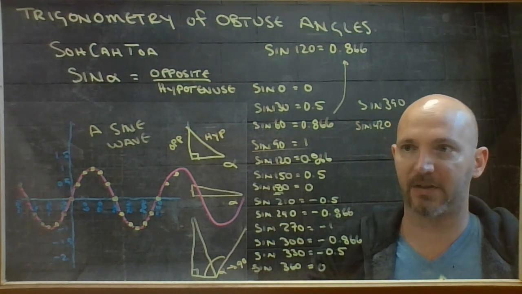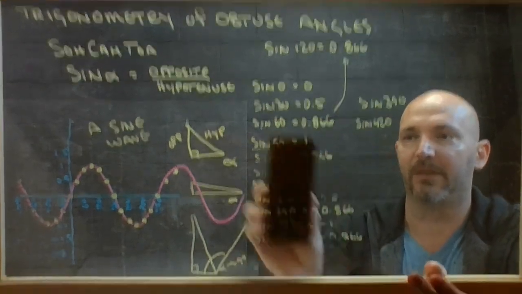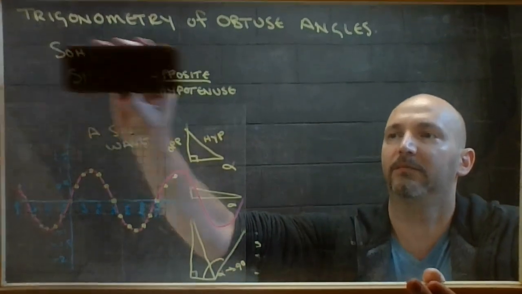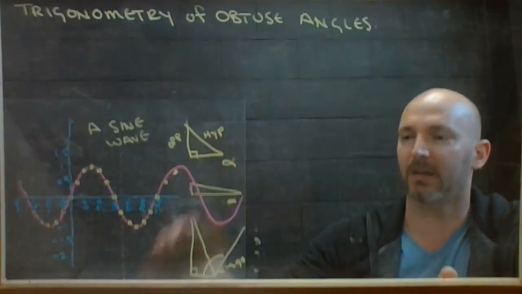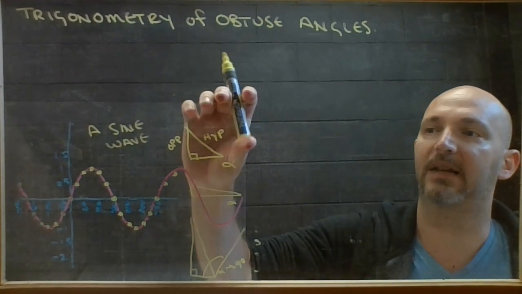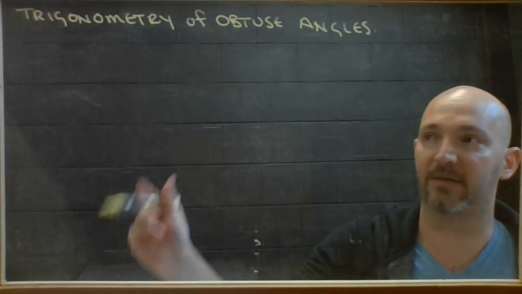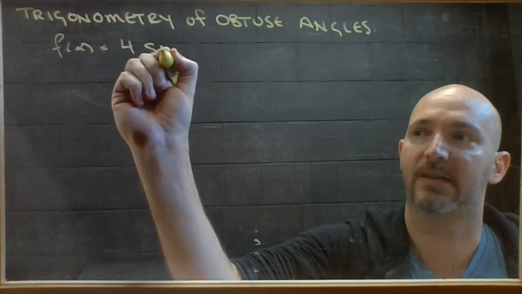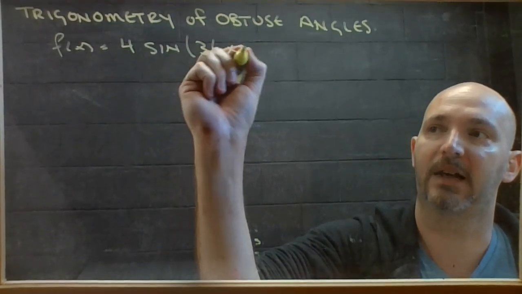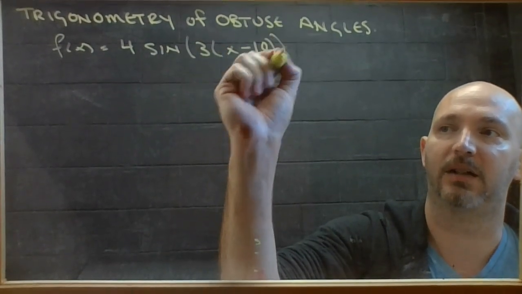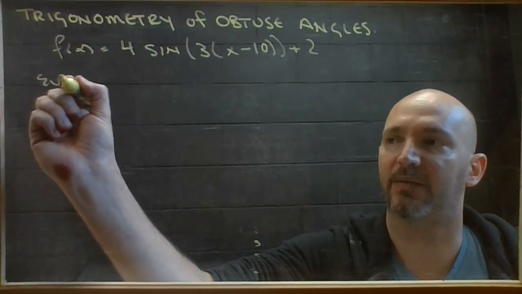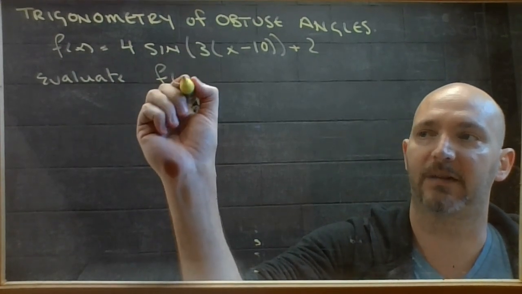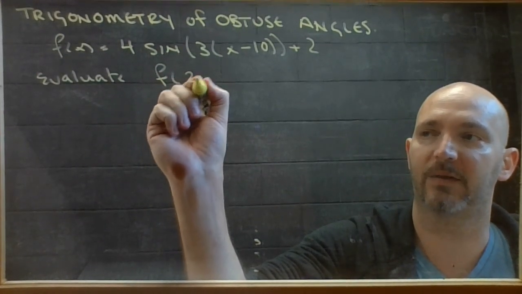So I think the message here, if I were to clean this off for you, the message is that if you were to be given a function like this, so f of x is 4 sine(3x minus 10) plus 2, and you were asked to evaluate f at 250.